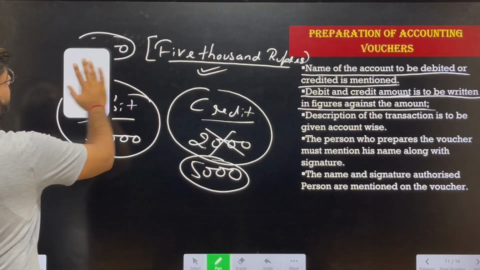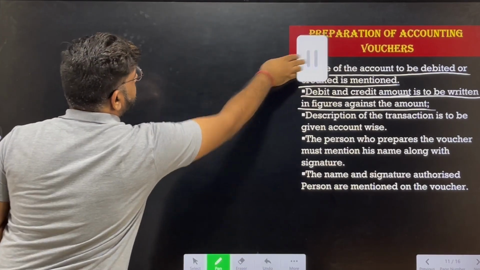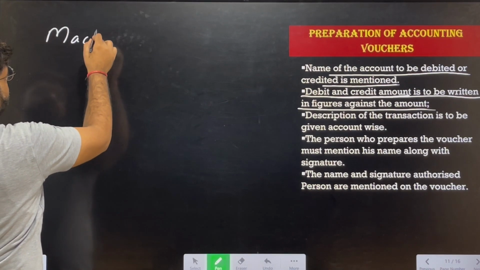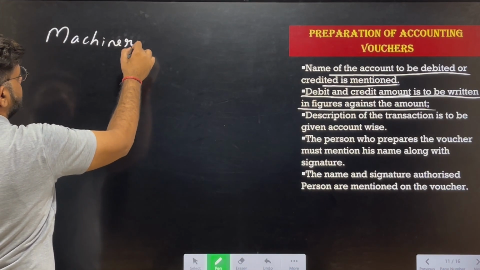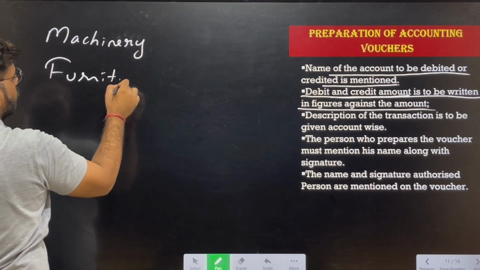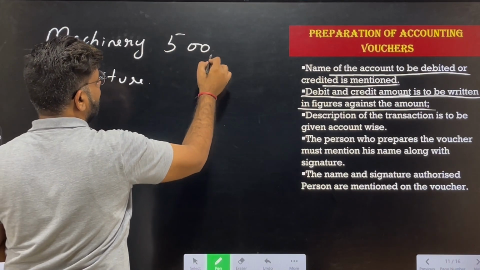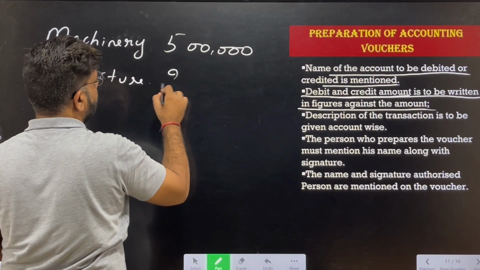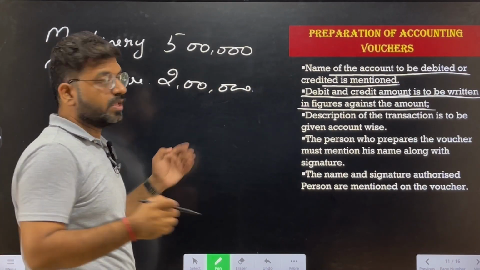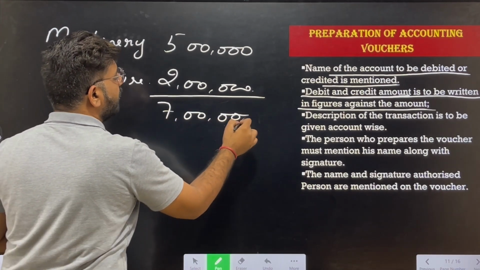For example, what happens when multiple items are being purchased? We are purchasing machinery from the same shop from whom we have been purchasing the furniture. So two items we are purchasing: machinery worth 5 lakhs, and furniture worth 2 lakhs. So what is the ultimate amount of debit?